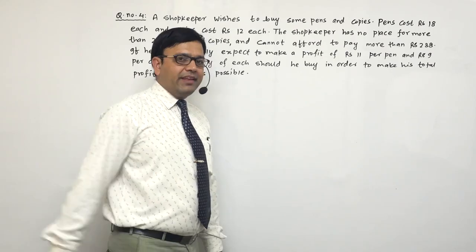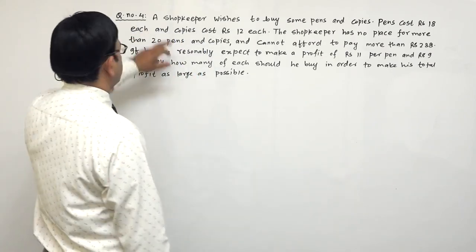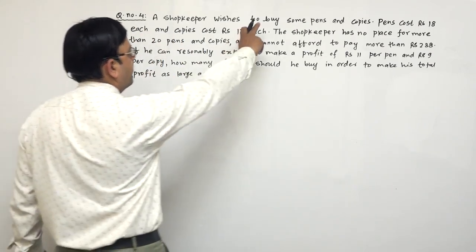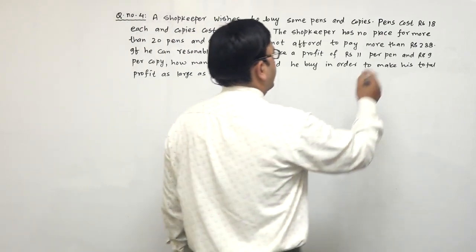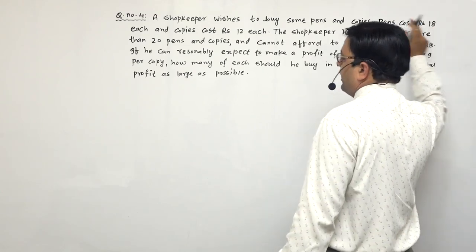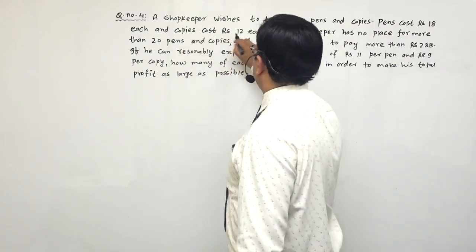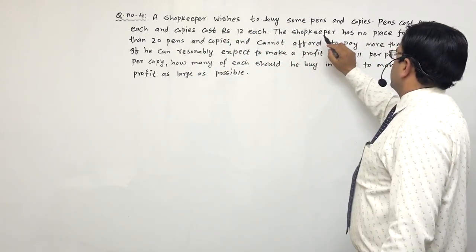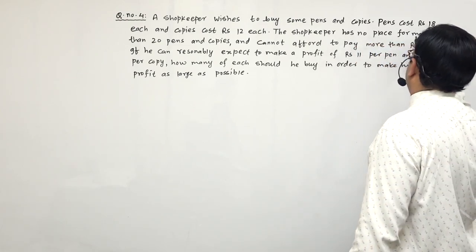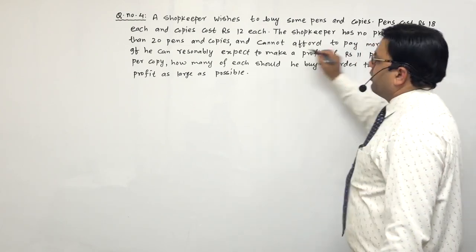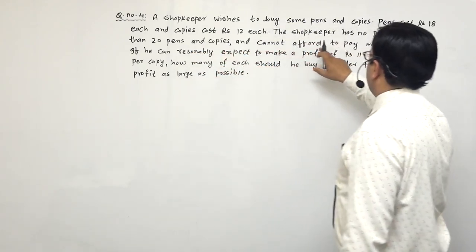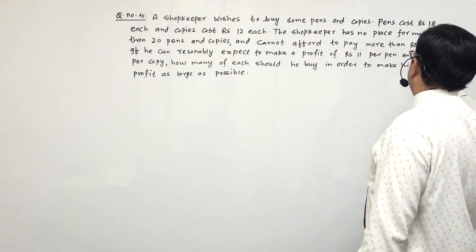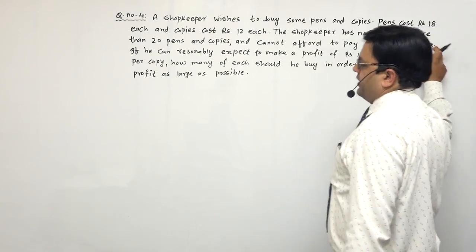Okay, look very carefully. A shopkeeper wishes to buy some pens and copies. Pens cost Rs 18 each and copies cost Rs 12 each. The shopkeeper has no place for more than 20 pens and copies and cannot afford to pay more than Rs 288.